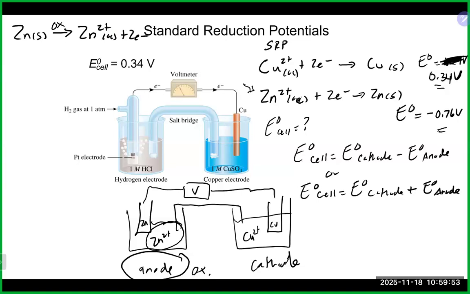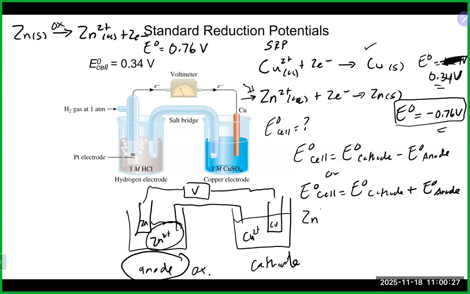Now, when you reverse a reaction that you take from the SRP table, the sign of the SRP value changes. So for this reaction here, the standard oxidation potential, which is really what it is, would actually be positive 0.76 volts. And that's really what's happening in this reaction. It is really the zinc being oxidized here. The copper one's good to go because it is being reduced.